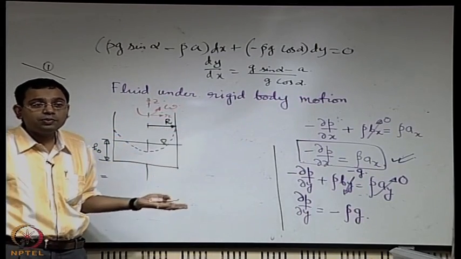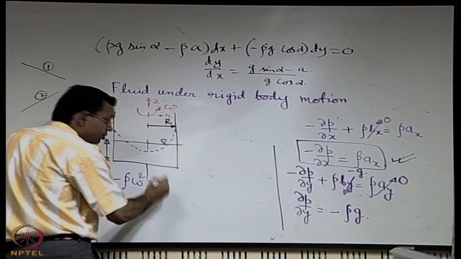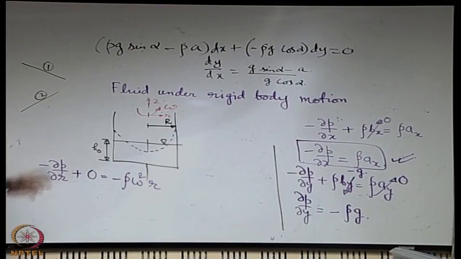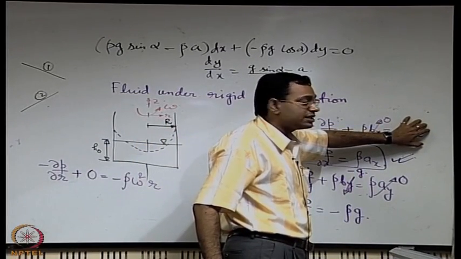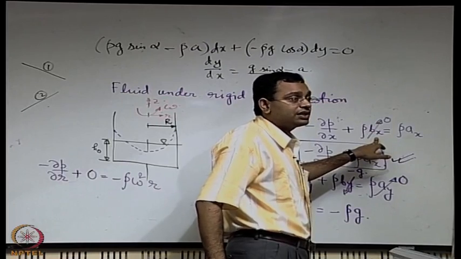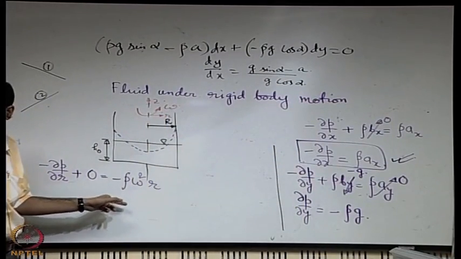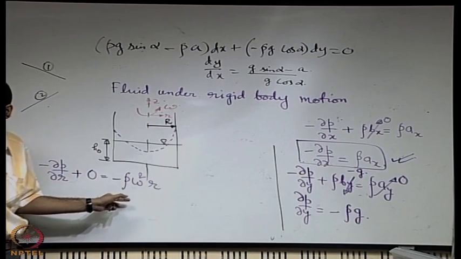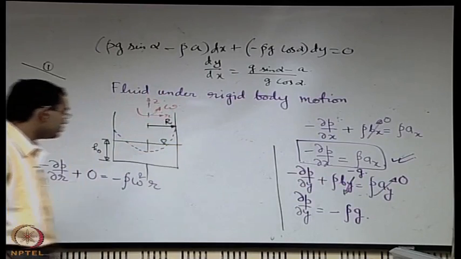This is nothing but a centripetal acceleration. So minus rho omega square r. If you had considered it in a rotating reference frame, the right hand side would be 0 because you are writing static equilibrium, and this would be represented by the pseudo force. So the final equation would eventually be the same, it is just a matter of the reference frame with respect to which you are writing, but this is written with respect to the inertial reference frame.